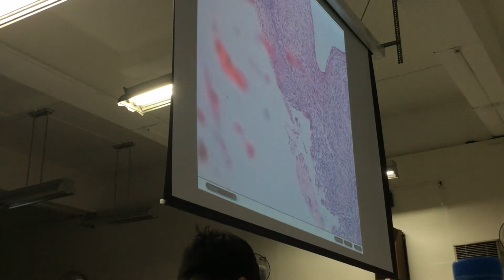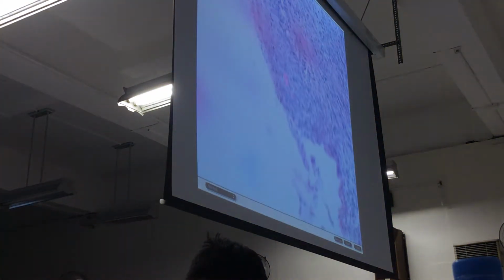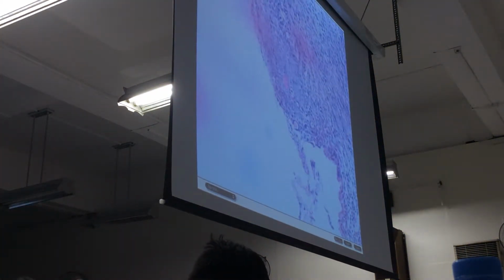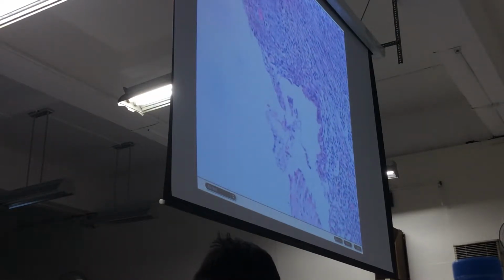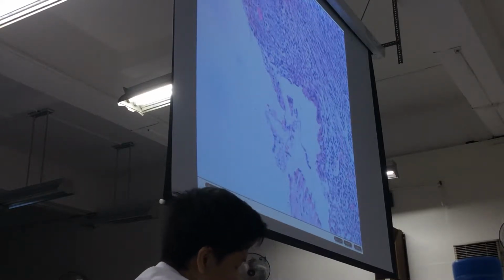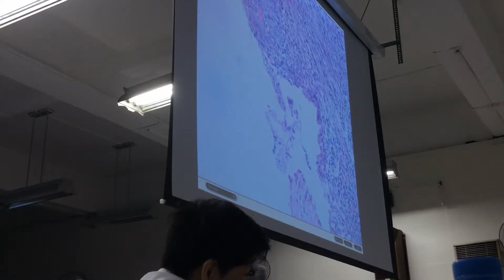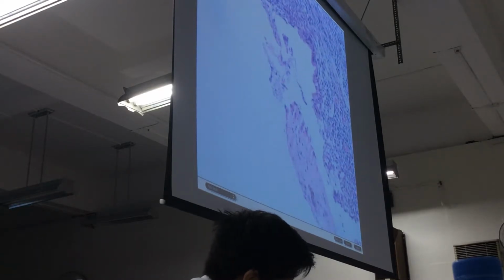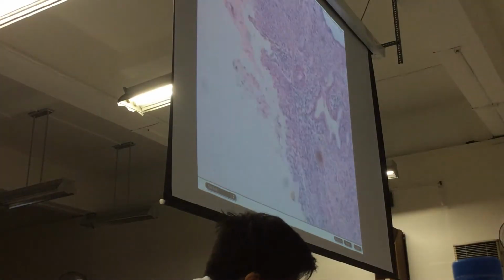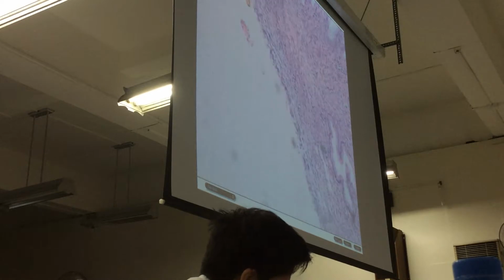Okay. Squamo-columnar junction, wherein you have a sudden change from stratified squamous epithelium to tall columnar cells with basally oriented nuclei, and these tall columnar cells secrete mucin. That squamo-columnar junction joins the ectocervix and the endocervix. The endocervix is lined again by tall columnar cells with basally oriented nuclei.